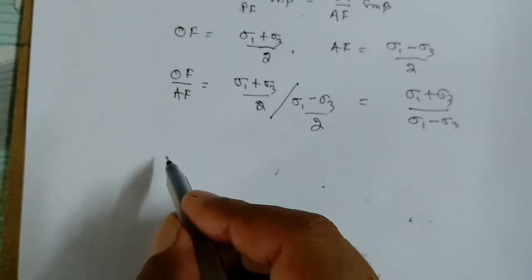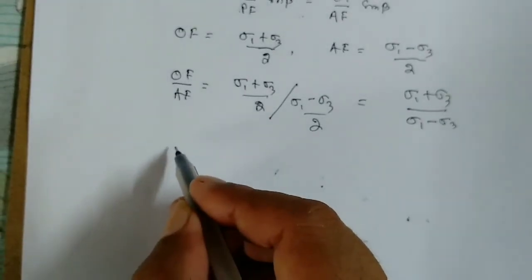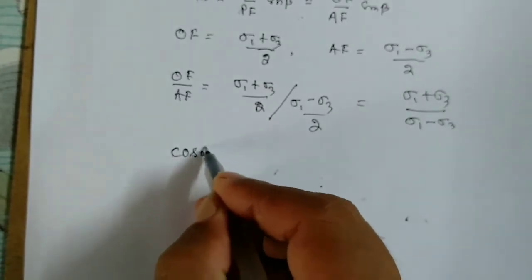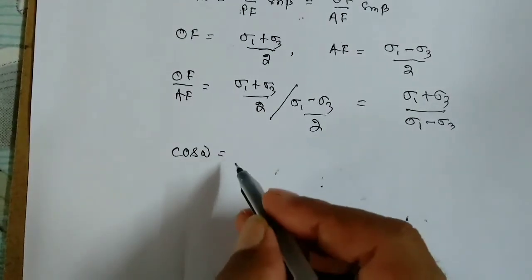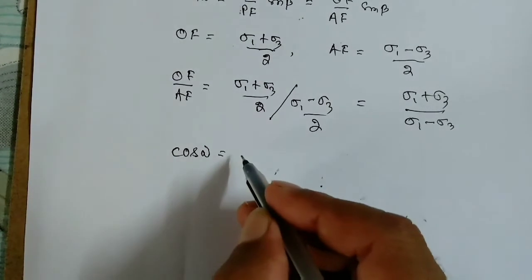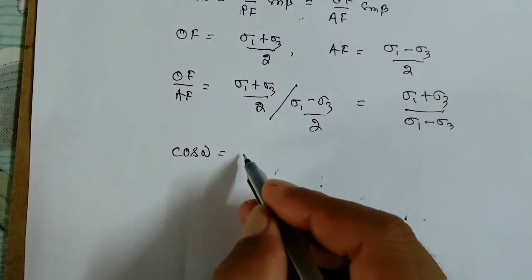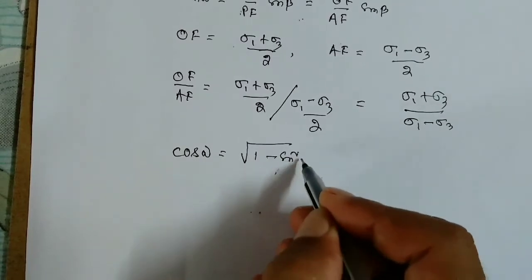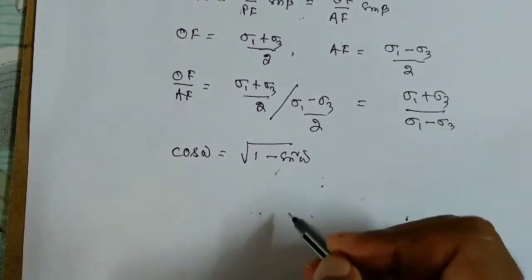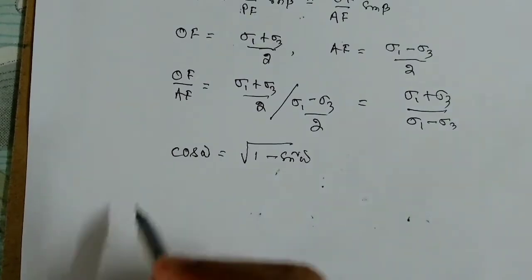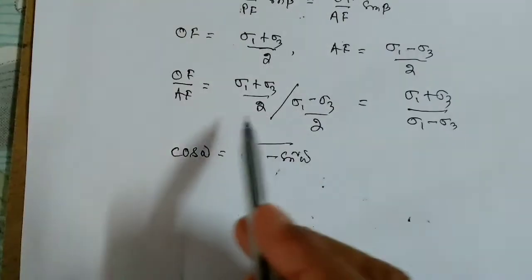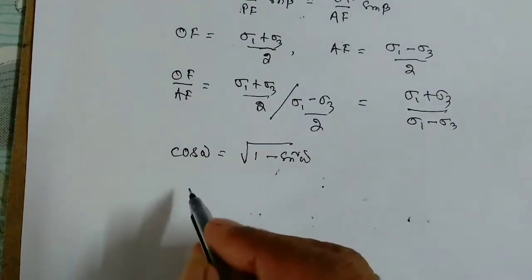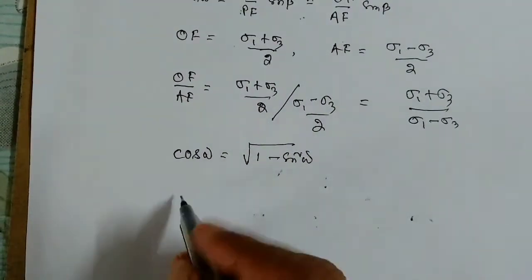Now we have sin omega, but we actually need cos omega. Cos omega is equal to the root of 1 minus sin square omega.